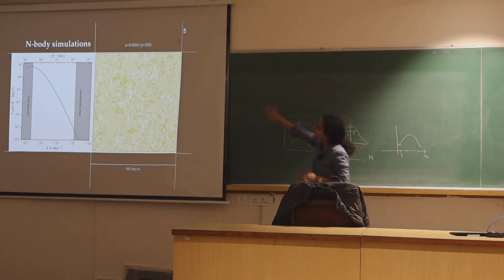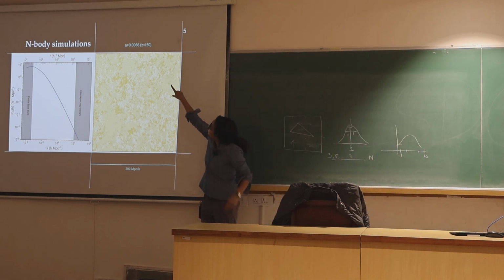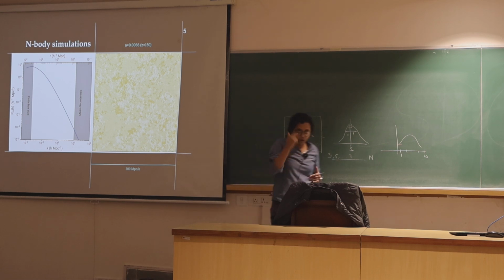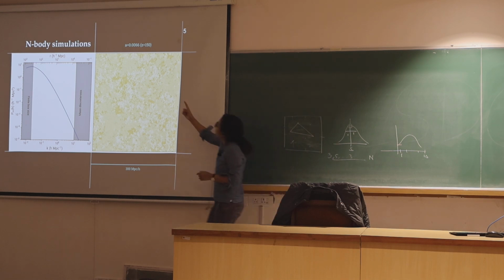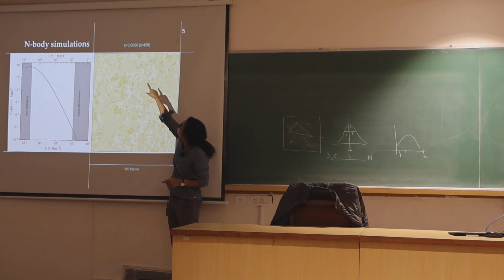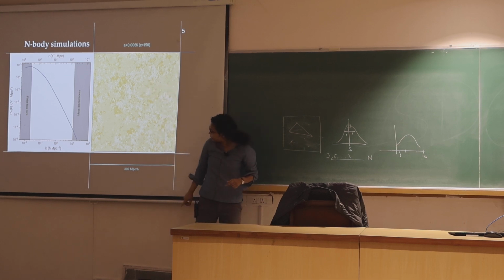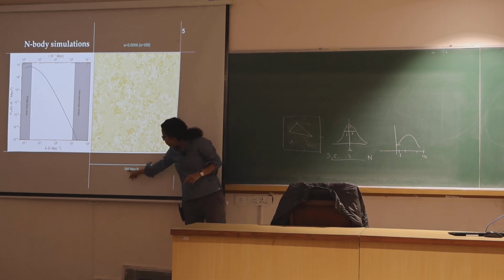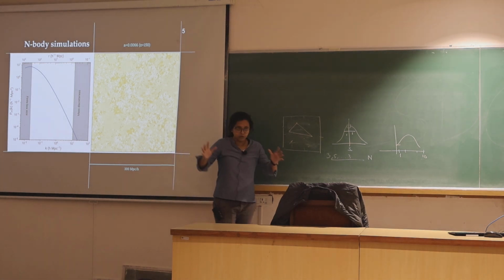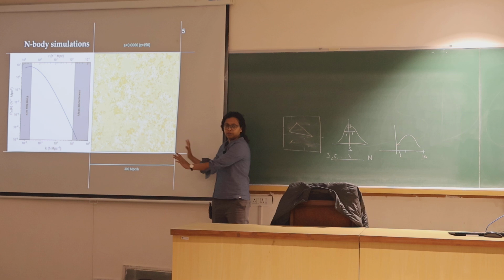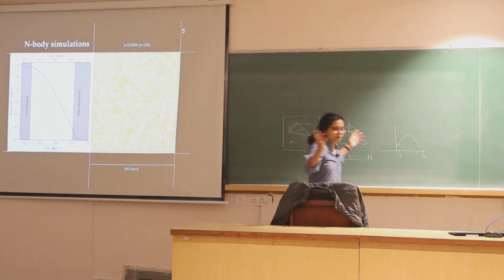These are actually particles at a very early time. Look at the scale factor. The present scale factor is 1, and we have chosen a very early scale factor, 0.006 or something like that, and we have taken this 300 megaparsec box of the universe. But this is a very finite box in the universe. The real universe is infinite.